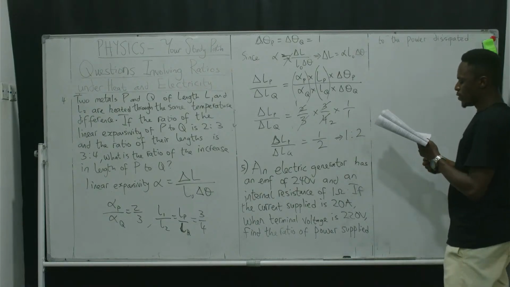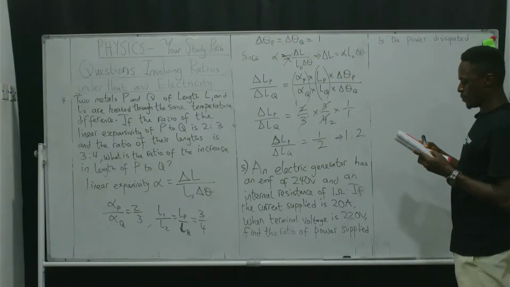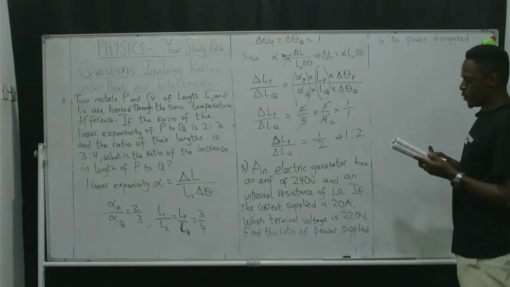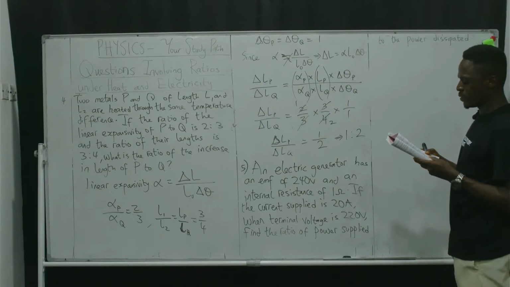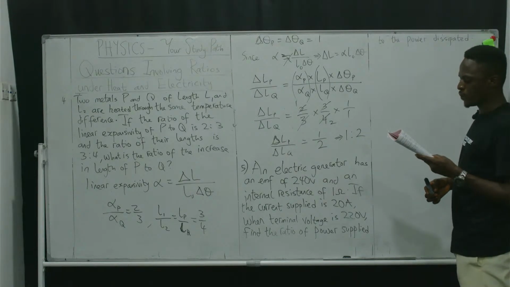So we are to find the ratio of the power supplied to the power dissipated. Calculate the power supplied to the power dissipated, and you are good to go.